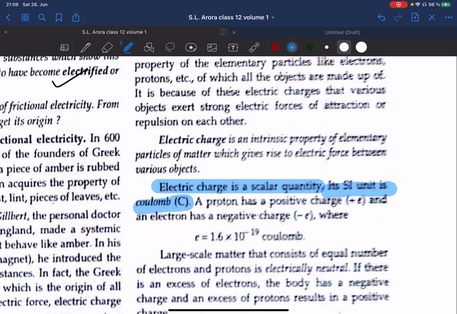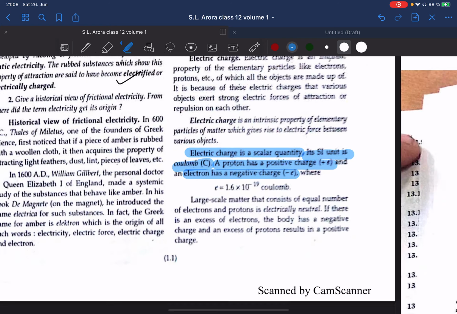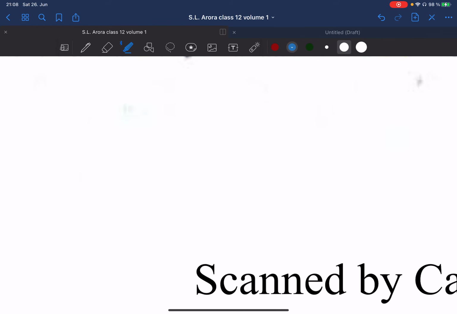A proton has a positive charge, and an electron has a negative charge. You all know this, so I'm not getting deep into it. Guys, I'll tell you one thing. Do you know what the cause of electricity is? You'll learn it with me.